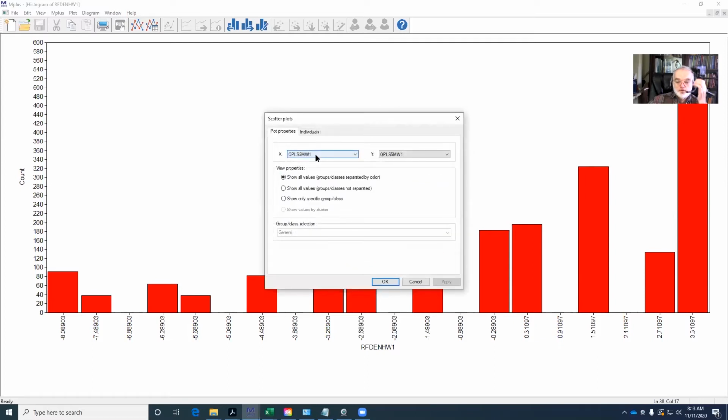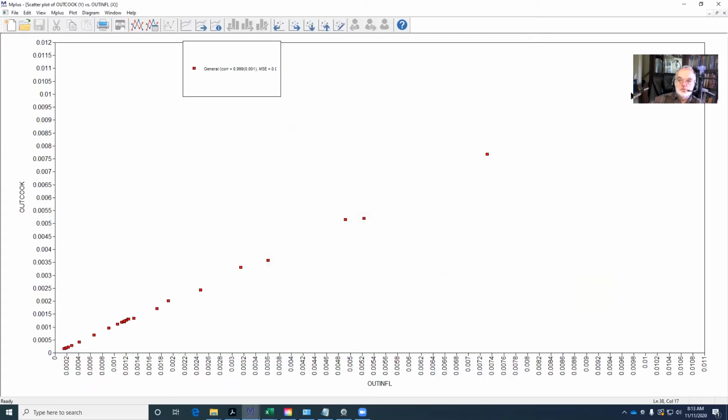And the scatter plots are the more interesting in this particular data set. So even though we have a conclusion, we have an analysis, we might want to take a look at whether we think there are influential observations present in the data. So I can look at influence and scatter plot that by the Cook's D. And here's my little plot.